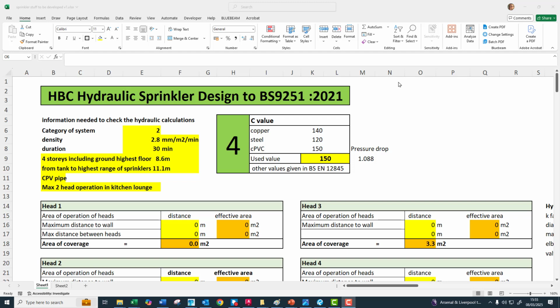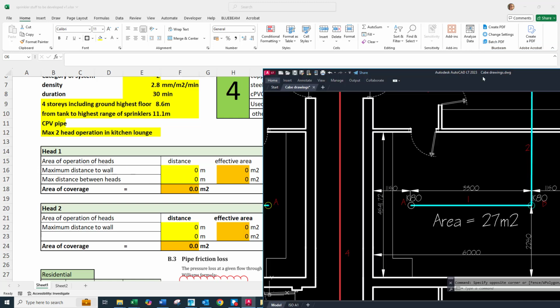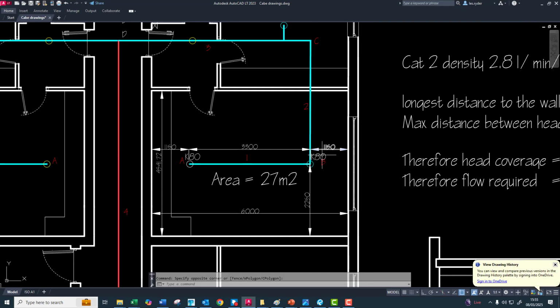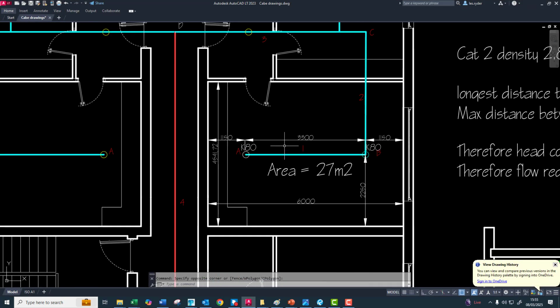Anyway, as we said last week, the head operation. If you remember, here's our room, 27 square meters, but we'll be using more than 13.5 square meters for each head. What's relevant is the distance between the heads and the maximum distance to wall.